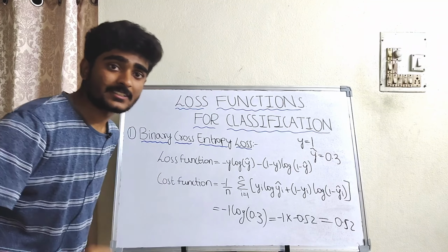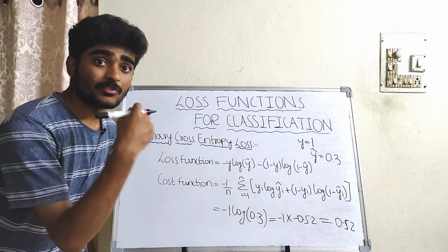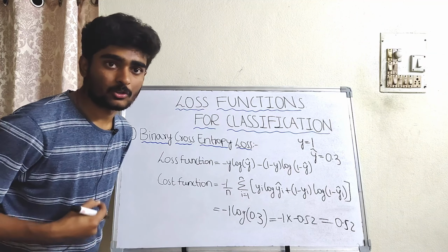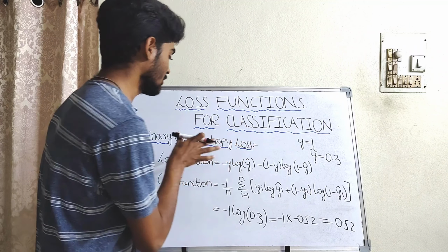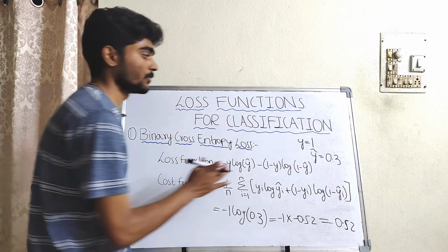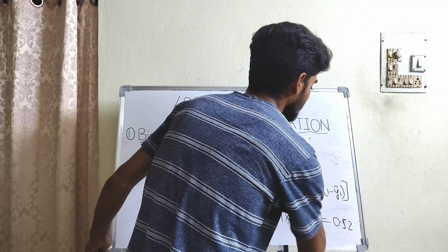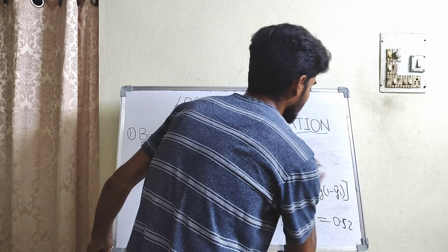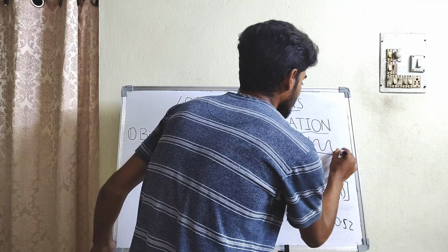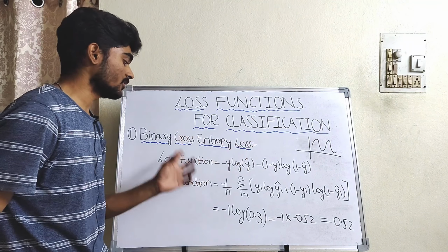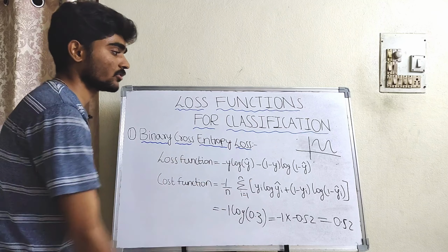Let's see the advantages and disadvantages of binary cross entropy loss. The first advantage is that it is differentiable. The loss function of binary cross entropy loss is differentiable. Let me show you how this loss function looks. This will be the loss function graph of binary cross entropy loss.